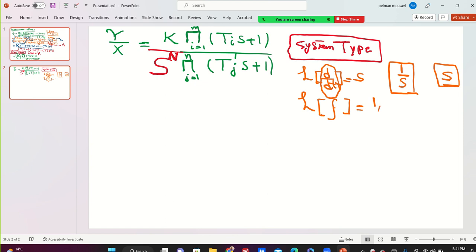So this means in high school language, what? Okay, Laplace of integration is 1 over s. So when you see 1 over s, what does it mean in high school?